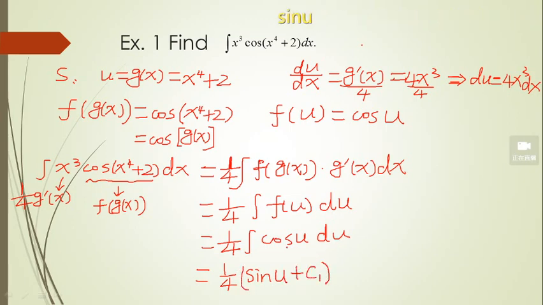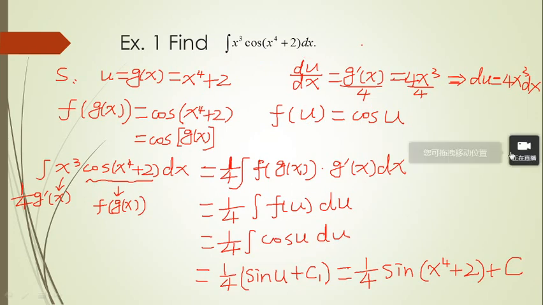You work out the indefinite integral first, and then going back, that will be 1 over 4 sine of u, where u is x to the 4 plus 2, plus 1 over 4 times the constant c1. We can just use the constant c to denote this part. No matter what the number is, it's just a constant. So that is the integral, and the indefinite integral gives a function.